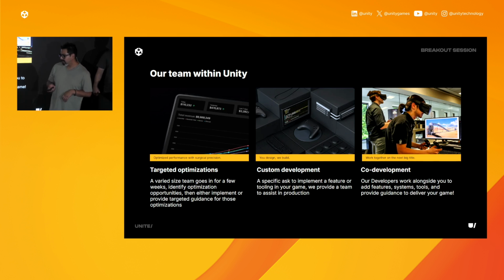And then the other two very common services that we provide are custom development and co-development. Custom development being you provide us with a task or features that you want implemented in your project, and we go in to deliver those in a timely manner. Co-development is where we spin up a team and then work alongside your team to work on your project and deliver features.